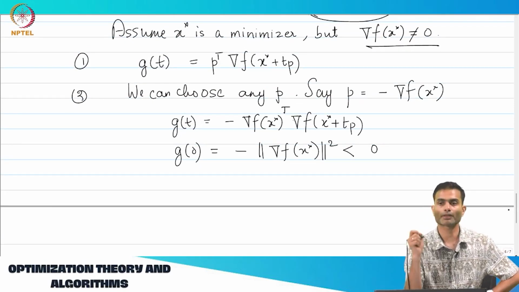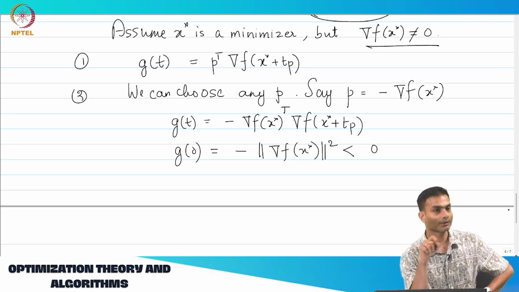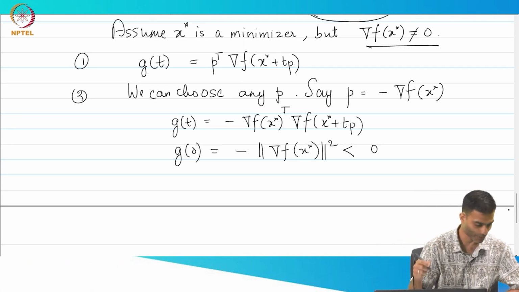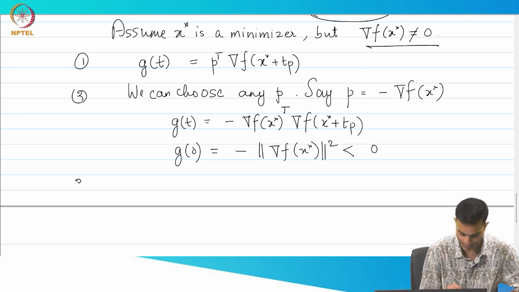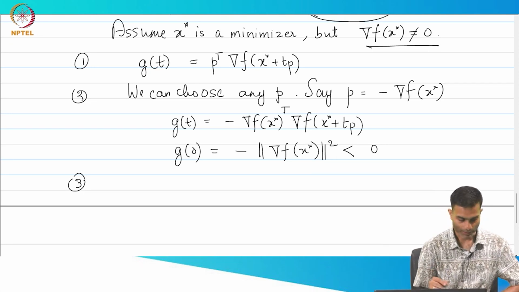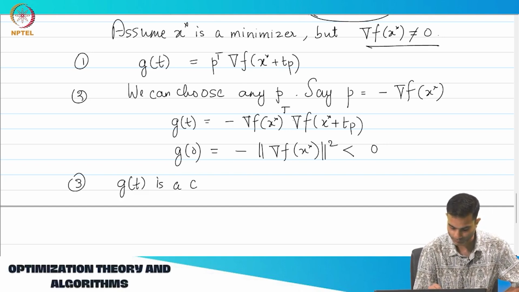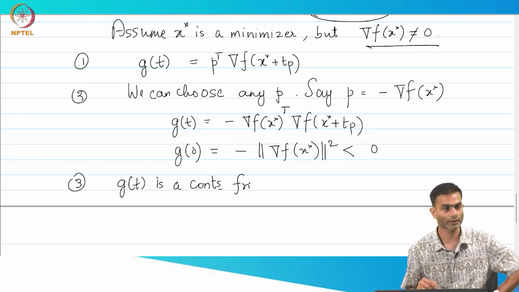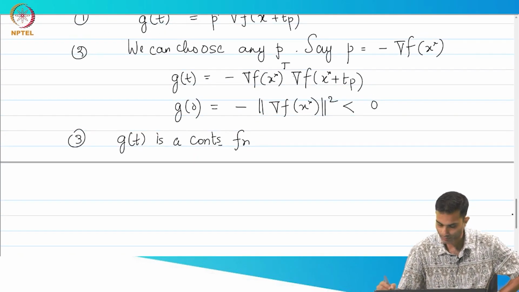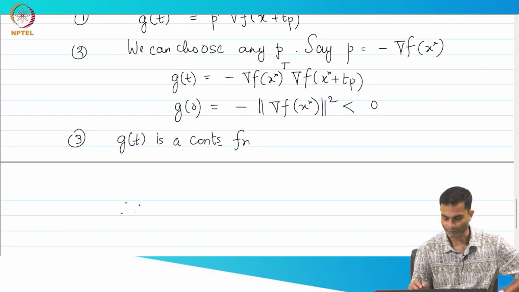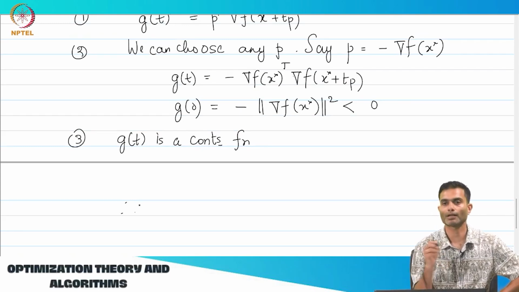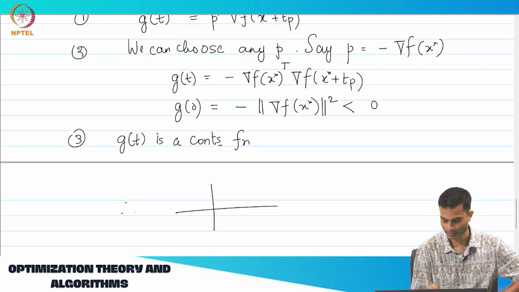Now because of what I had assumed about the function being continuously differentiable, right? So here is the catch over here. Let's note that down as step 3. g of t is a continuous function, right? Therefore, if I were to make a graph of g of t, simple graph like this.